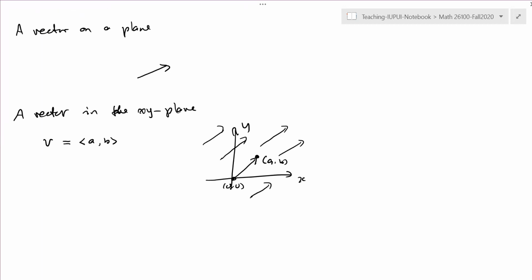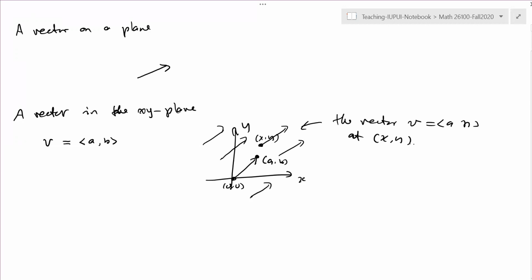Now, if I want to draw this vector at a particular point, then I choose that point as a starting point, here x and y. So this one is the vector v with components a and b at the point x and y.